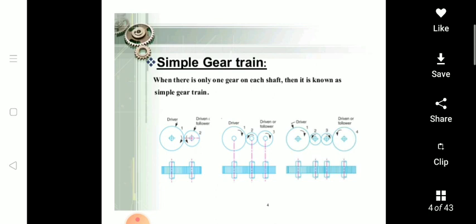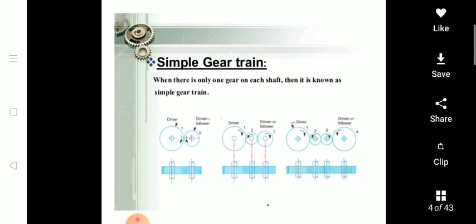Then how they are interconnected: the ratio of the diameter of the driver gear to the driven gear is inversely proportional to its rotational speed. Or you can say D1 by D2 is equal to N2 upon N1.